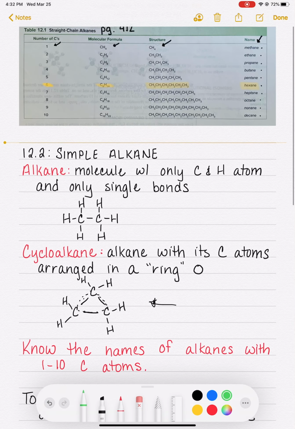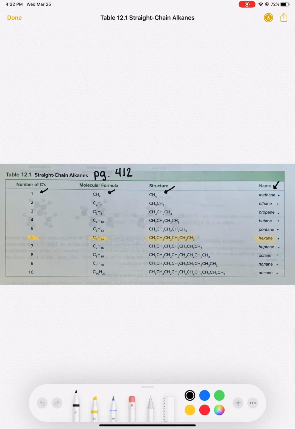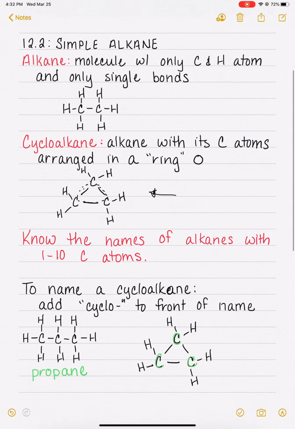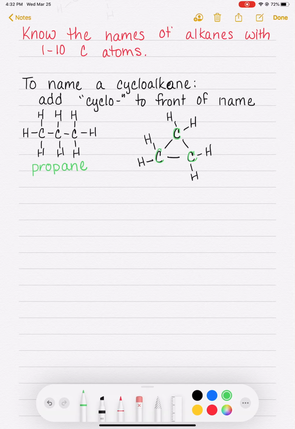So now you go back to the table, you find the 3-carbon situation. 3 carbons, if they are all in a straight chain, is propane. But in this case, they're not all in a straight chain, they're in a ring. So this molecule's name is not propane, but cyclopropane. So that's pretty easy.